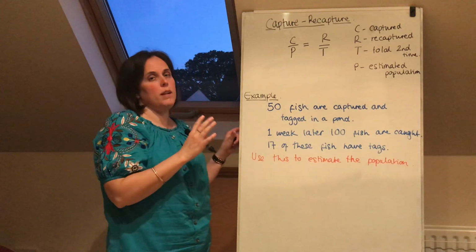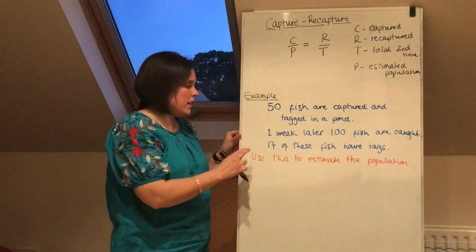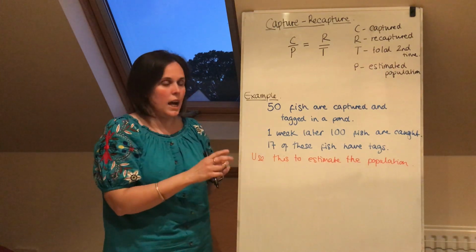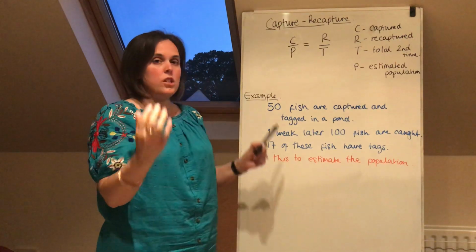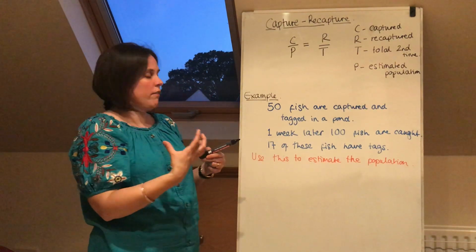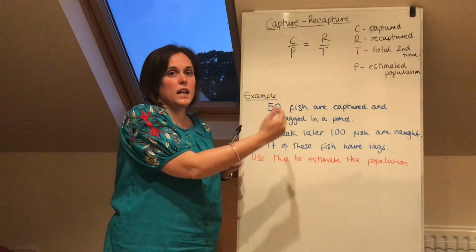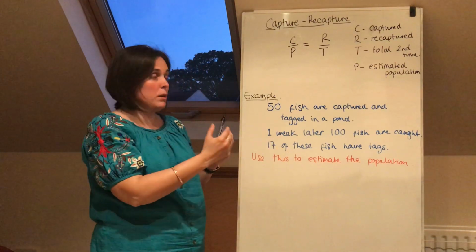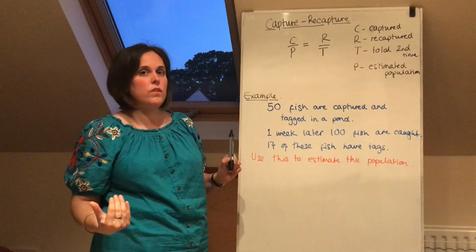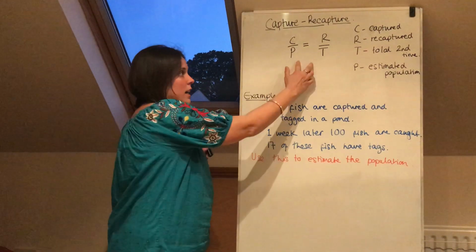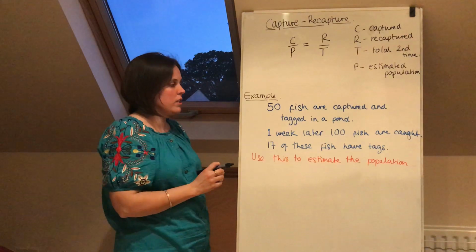What the theory behind this says is that we've got 17 who've got tags out of 100, and we assume, and this is where it's really clever, that the proportion of 17 out of 100 is the same as the proportion of the total amount that were tagged last time out of the total population. That's why we have these two fractions.